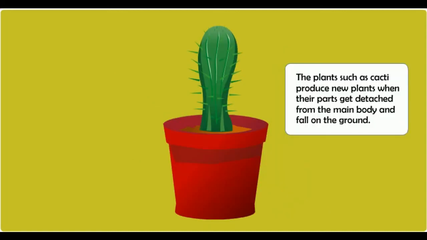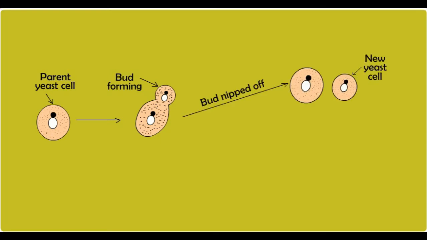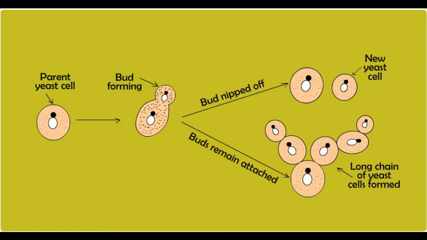Plants such as cacti produce new plants when their parts get detached from the main body and fall on the ground. Budding. In budding, a small part of the body of the parent plant grows out as a bulb-like projection called a bud, which then detaches and becomes a new plant.